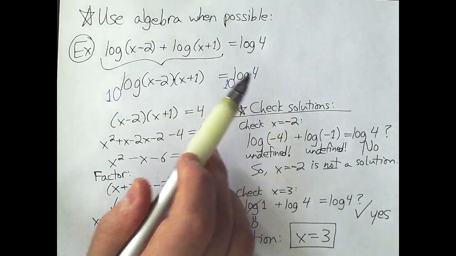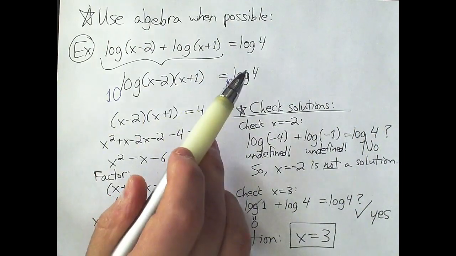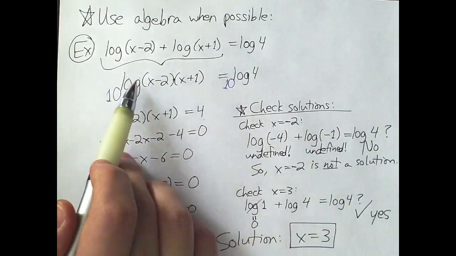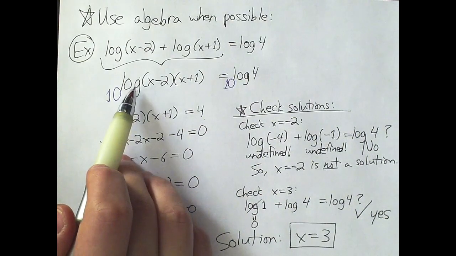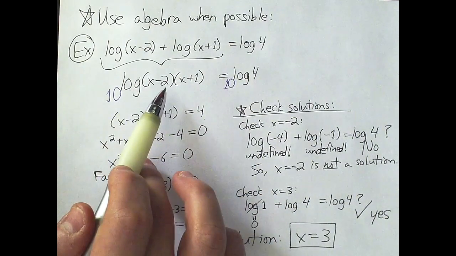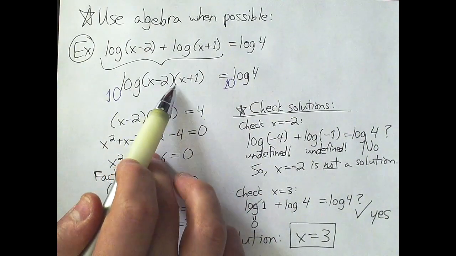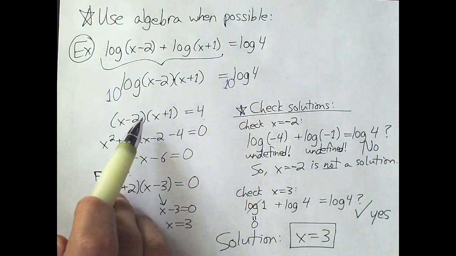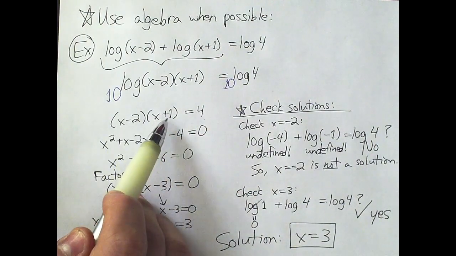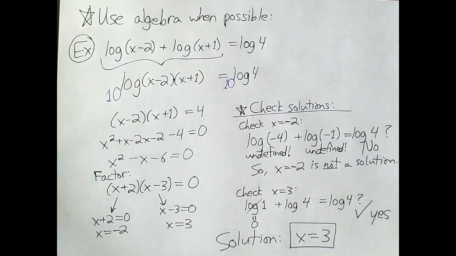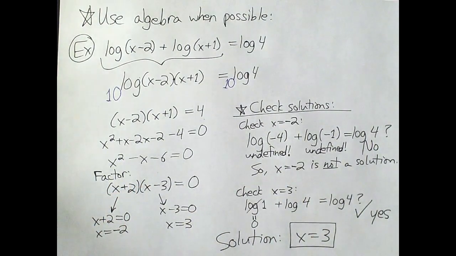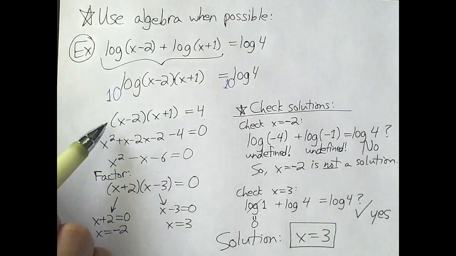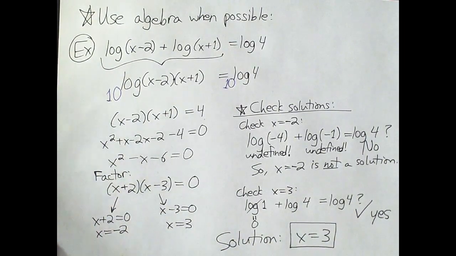If you're in that situation, it's okay to cancel the logs because log is a one-to-one function, which means these two inputs must be equal to each other. The x minus 2x plus 1 must be equal to the 4. So the point is that there's a couple of different ways of thinking of it that will all get to the same place.